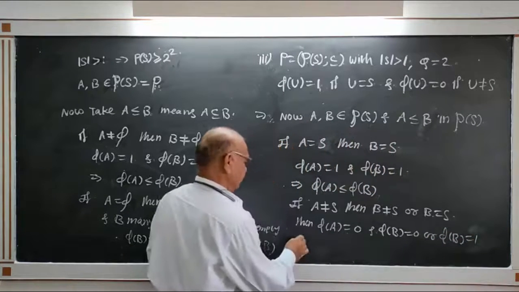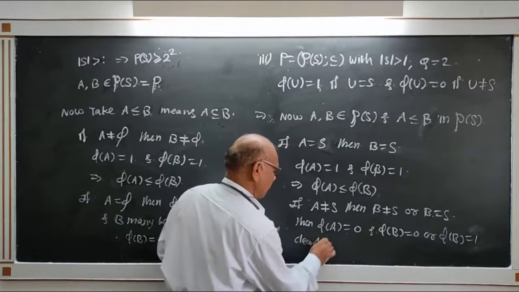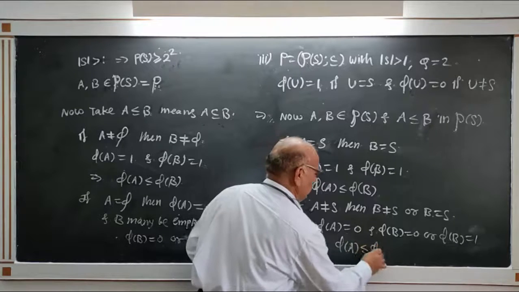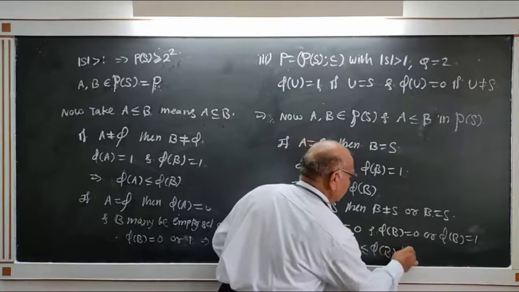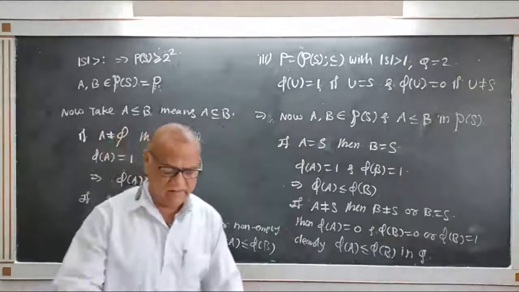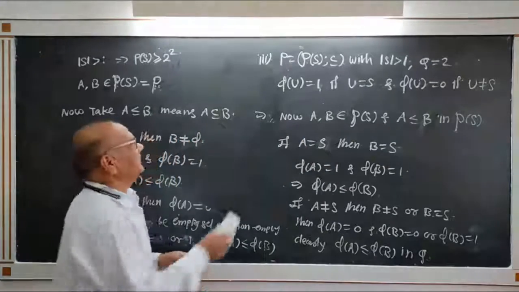And clearly phi of A is related to phi of B in Q. Q is a chain of 2 elements.